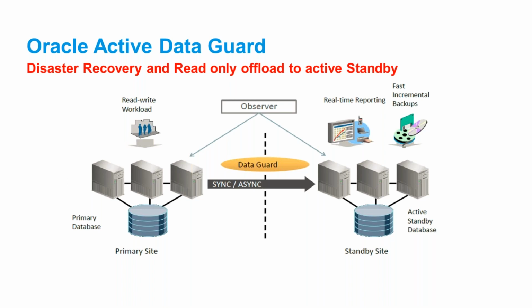DataGuard is a block by block replication. You cannot perform data filtration or transformation in DataGuard. You can also do synchronous or asynchronous mode, or immediate apply or deferred apply, based on the setting you want to choose.